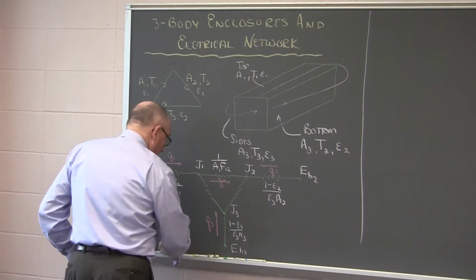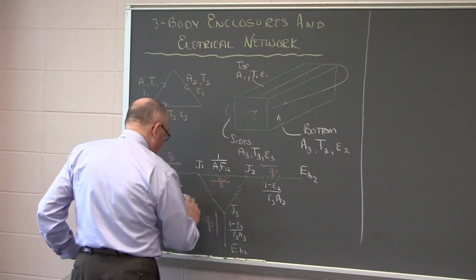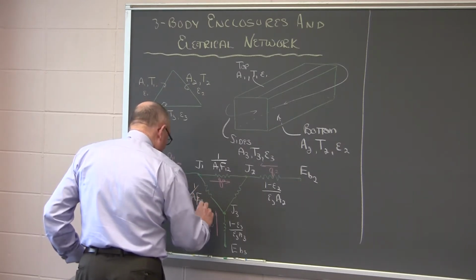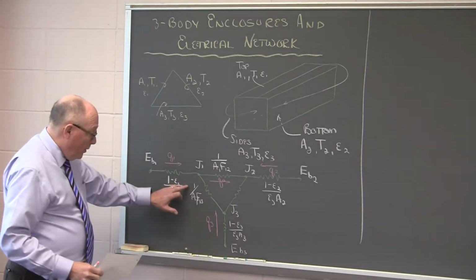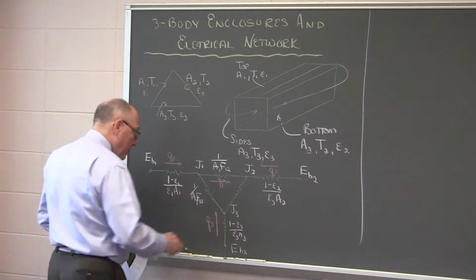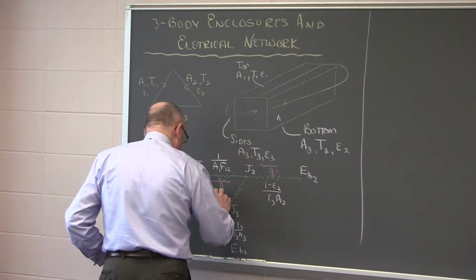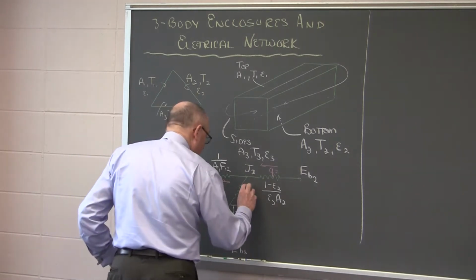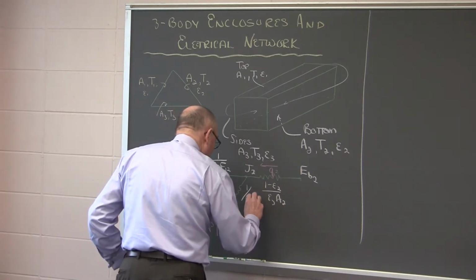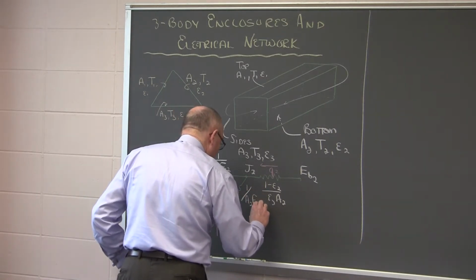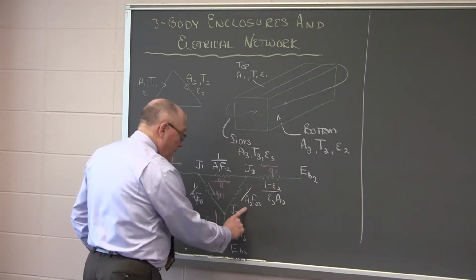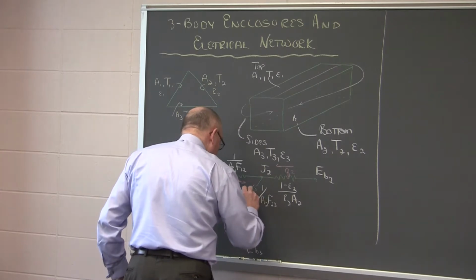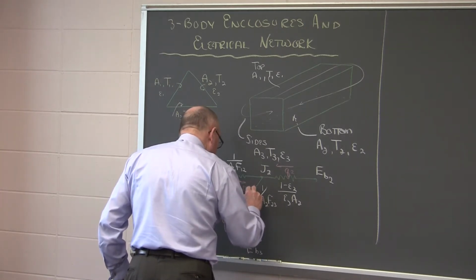This would be the shape factor 1 over A1 F1 to 3, or it could just as well be 1 over A3 F3 to 1. And this would be Q1 to 3. And this could be 1 over A2 F2 to 3, or 1 over A3 F3 to 2. And this would be Q2 to 3.